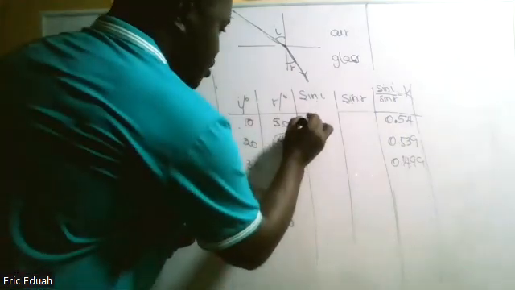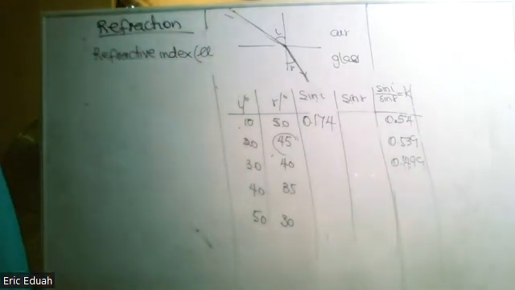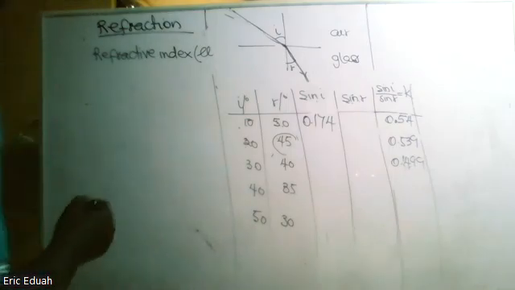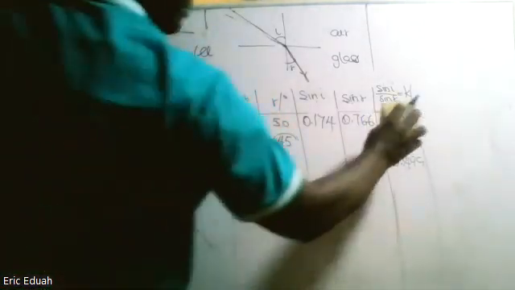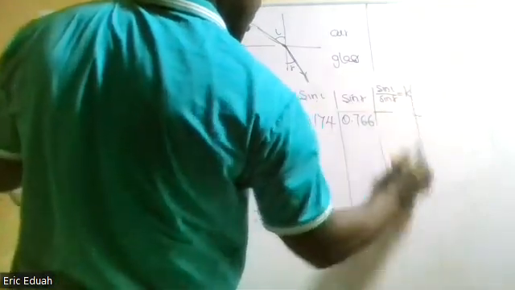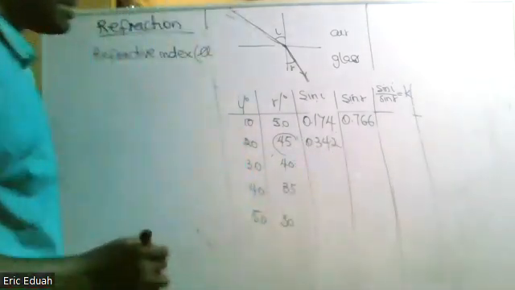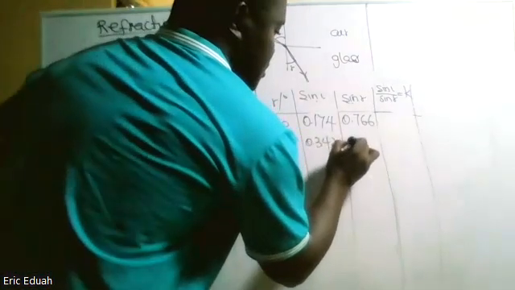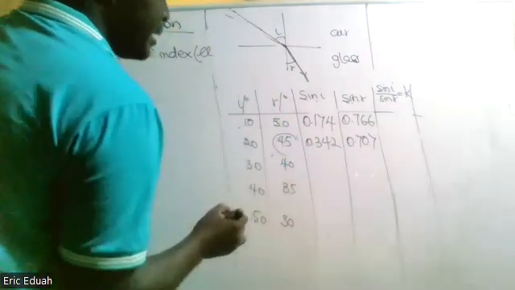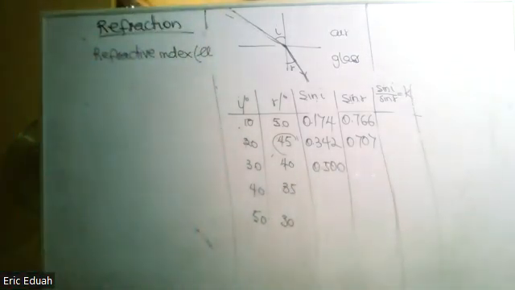0.174. And then sine 50: 0.766. Sine 20: 0.342. Sine 45: 0.707. Sine 30: 0.5.